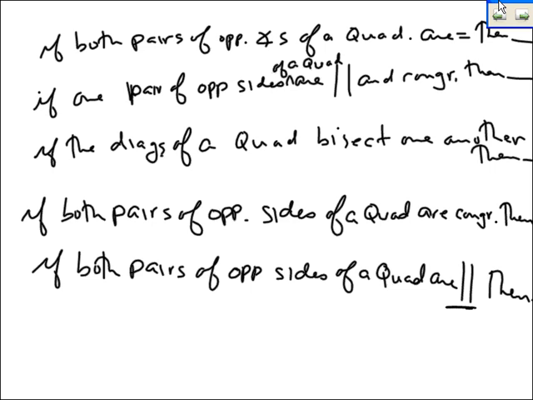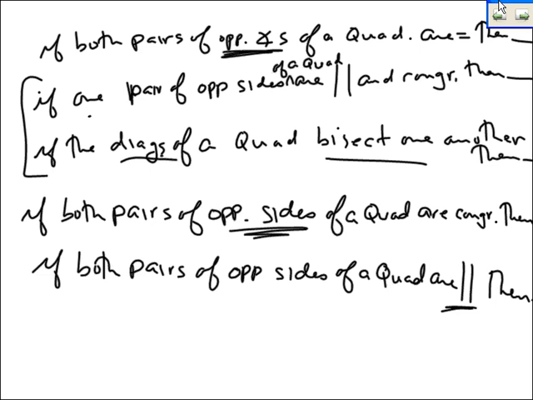If both opposite sides are parallel, or if both opposite sides are congruent, or if both pairs of opposite angles are congruent, then you have a parallelogram. If the diagonals bisect one another, that quadrilateral is a parallelogram.